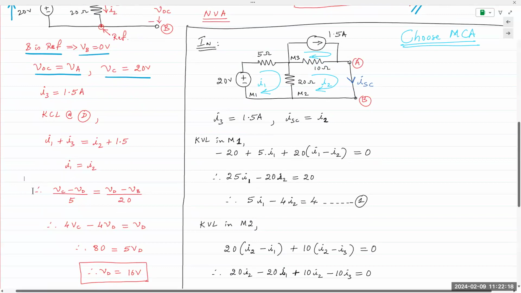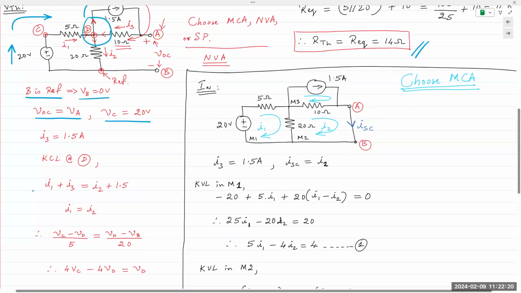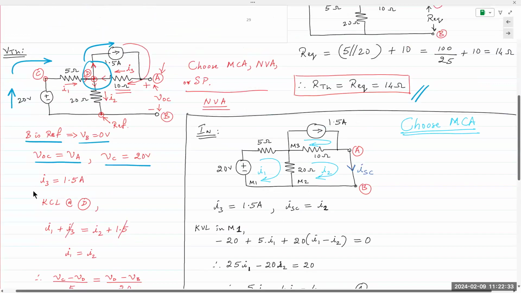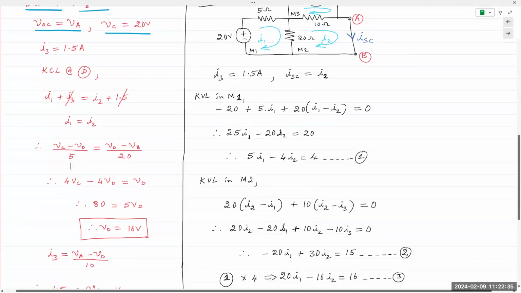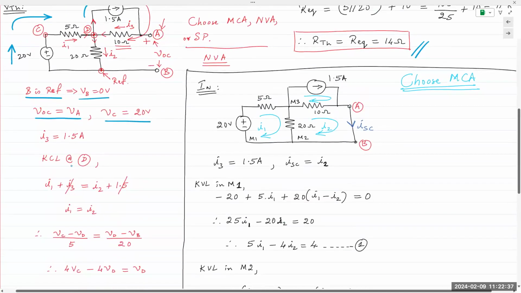If we look at the circuit, I1 is going from the left, so C minus D, and then I have I2, which is D minus B, and B, of course, is a reference point, so that is equal to 0.